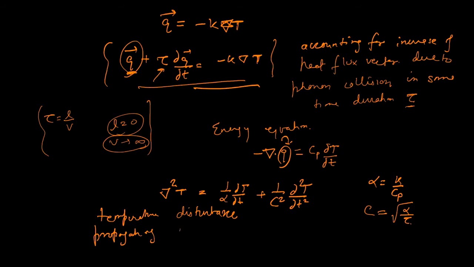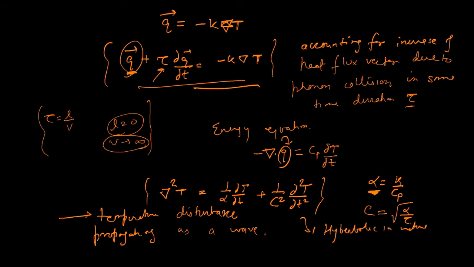By basically introducing this time delay tau, we have come up with a model of temperature disturbance propagating as a wave, with the diffusivity acting as a damping factor. If you look at this equation and go back to your mathematics notes, this equation is actually hyperbolic in nature.